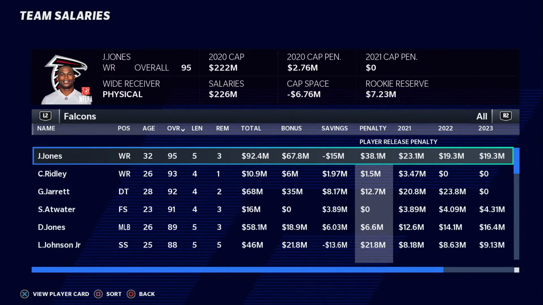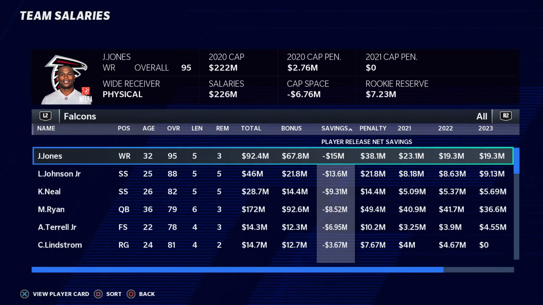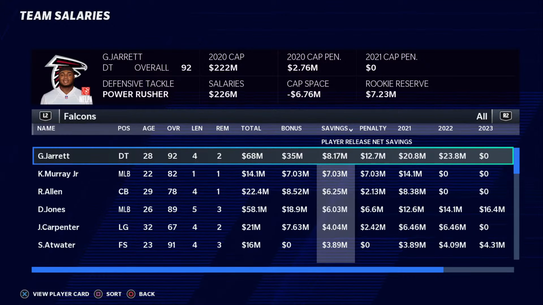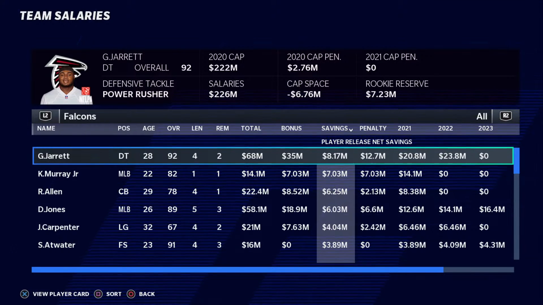So you want to look at the penalty. See that penalty right there? $38 million is going to be added. You're not getting anything, you're losing. So what I do first is sort savings. This is where you look and say, okay, I can save $8 million in cap space if I cut him.